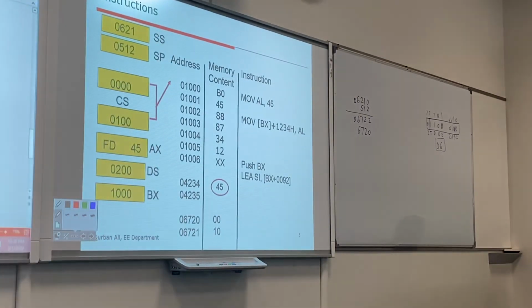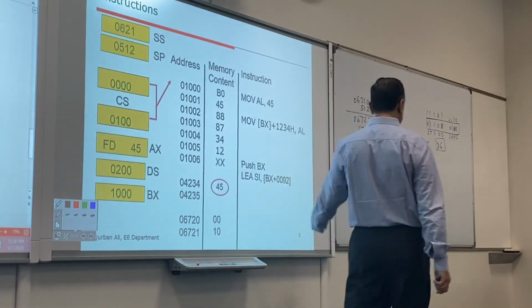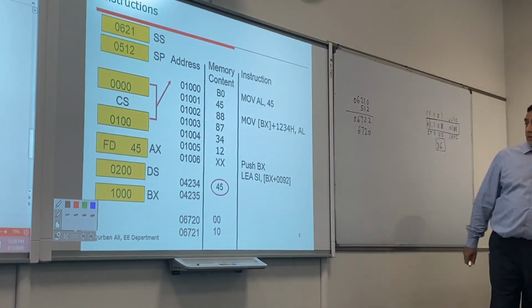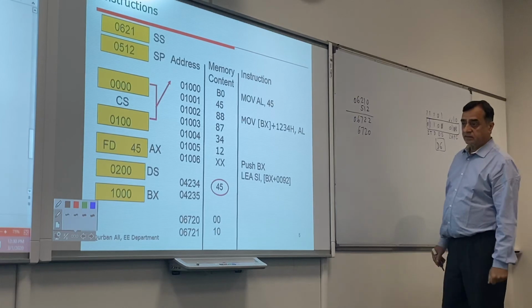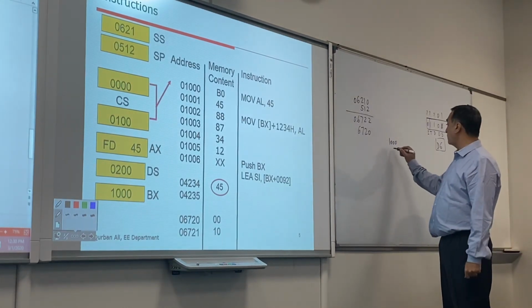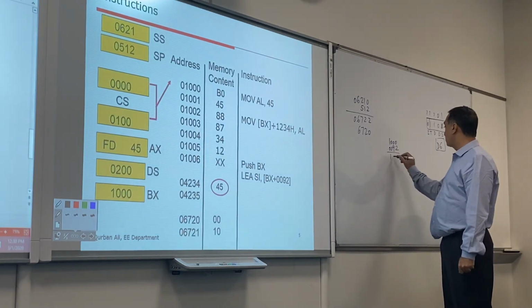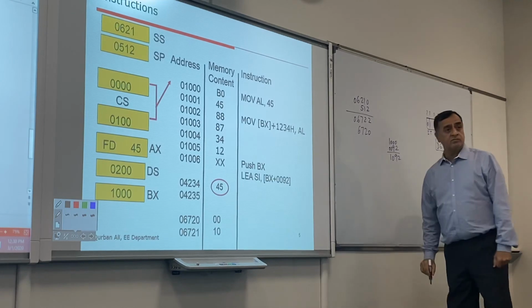What is the last one? Do you remember? Load effective address to SI from the memory. Okay? So what is the memory now? BX is 1000 and 0092, which is, so what do we do?